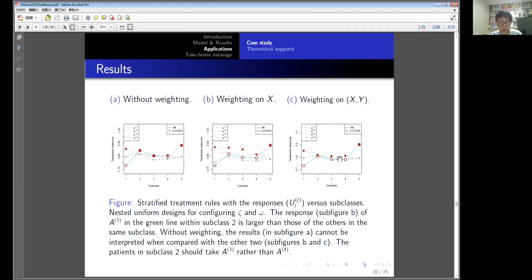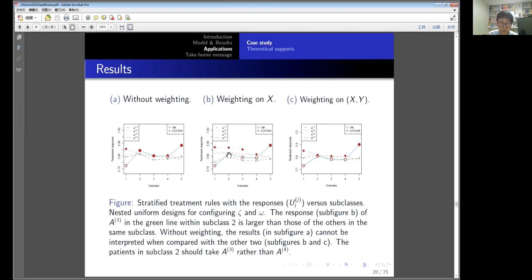Those figures show the results of stratified treatment rules with the response versus subclasses. Nested uniform designs are used for configuring eta and omega. The response of subfigure B shows the optimal treatment, that is A3 in the green line with the subclass.